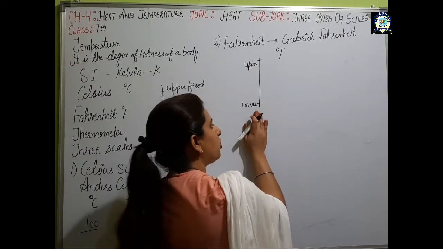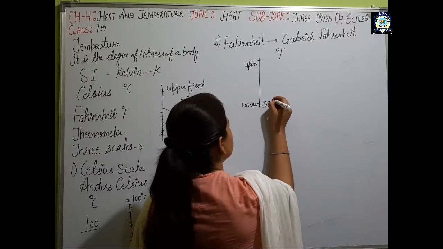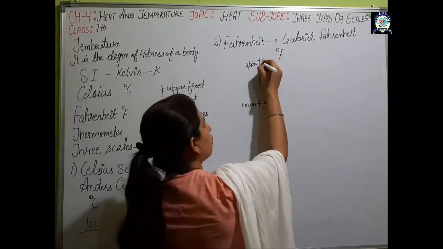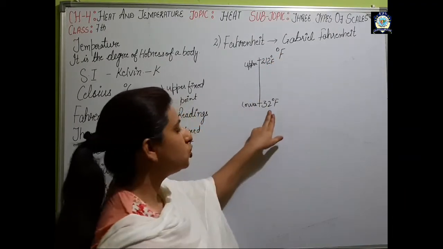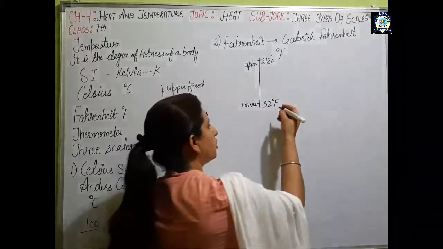The lower fixed point has the temperature of 32 degree Fahrenheit, and the upper fixed point has the temperature of 212 degree Fahrenheit. 32 degree Fahrenheit is that temperature at which water freezes.